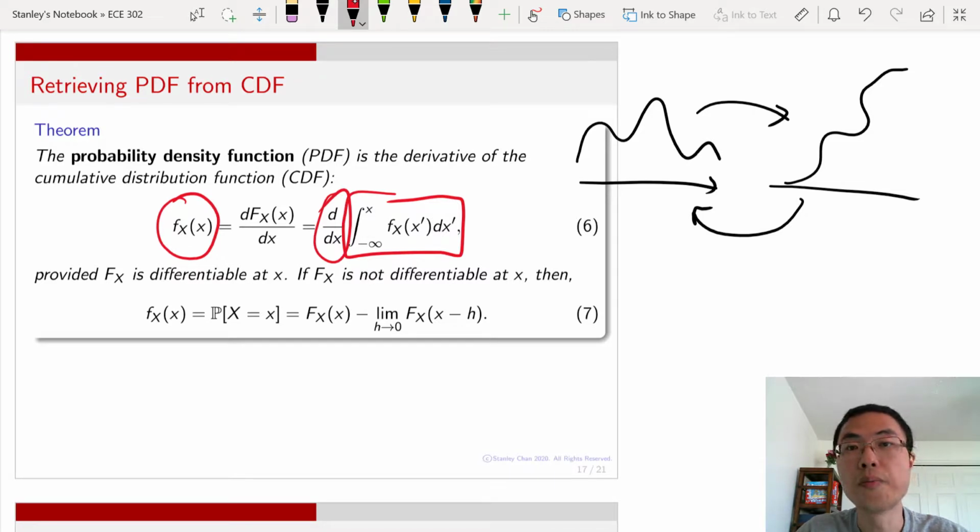That will give me my small fx. So this is the PDF. So PDF is really the differentiation of my CDF. If Fx is not differentiable at x, then it will just give you the probability, which is this Fx at this point minus the left-hand limit.